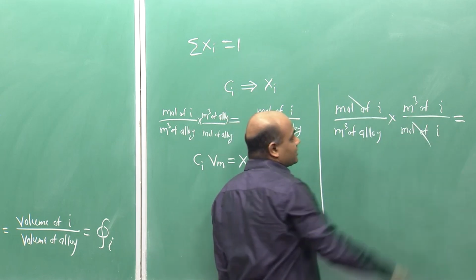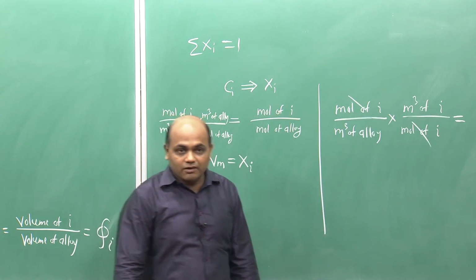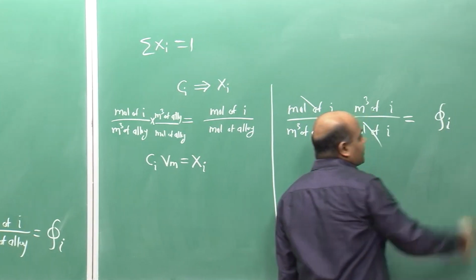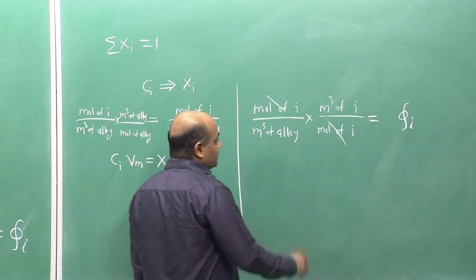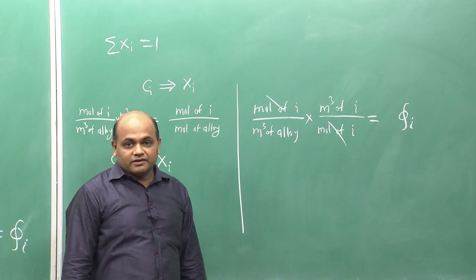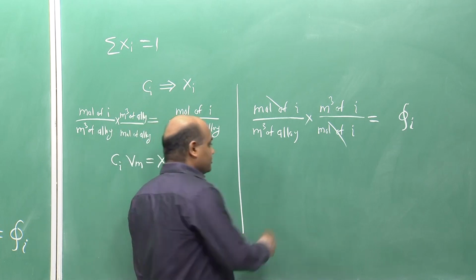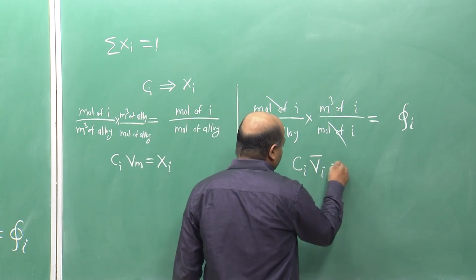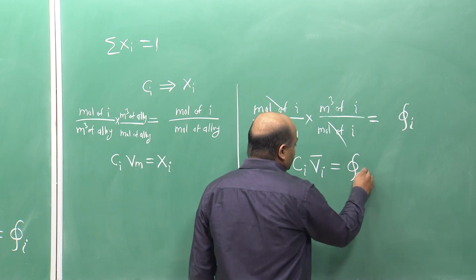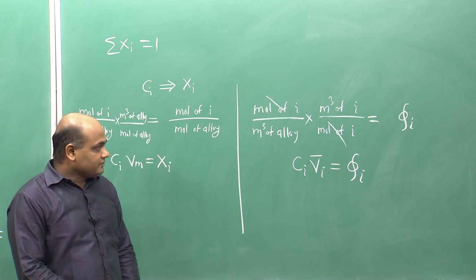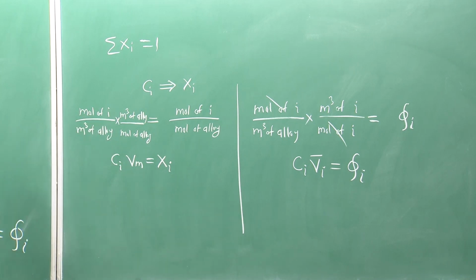This will get cancelled. I get meter cube of i per meter cube of alloy. So, this is basically the volume fraction phi i. And what is meter cube of i per mole of i? Partial molar volume. So, we write Ci Vi bar is equal to phi i. So, this is an important relation.